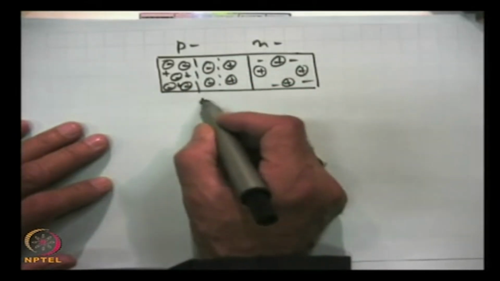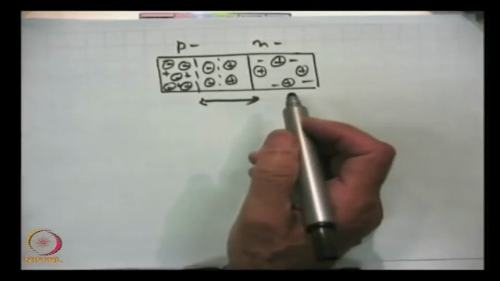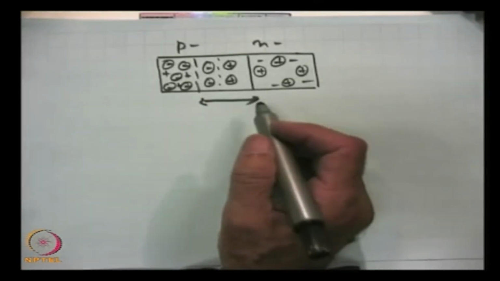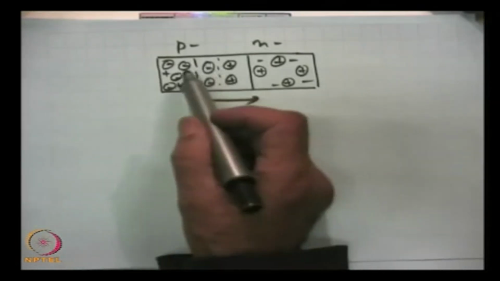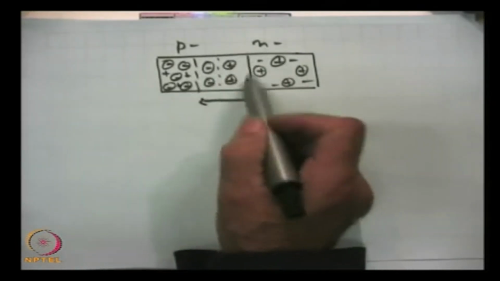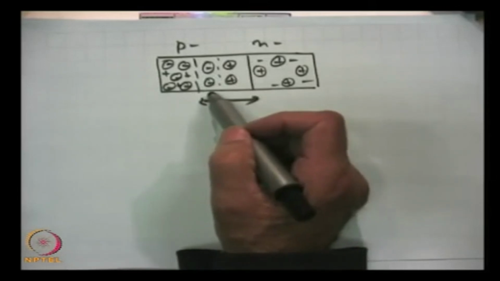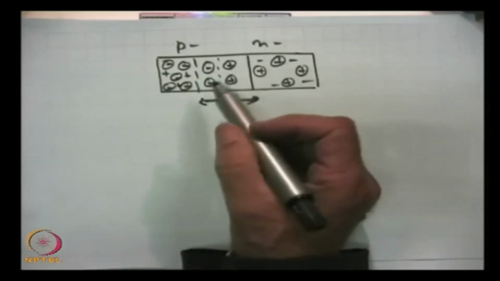From this region, mobile charges have disappeared, have depleted. Where have they gone? The holes and electrons met here and both recombined.